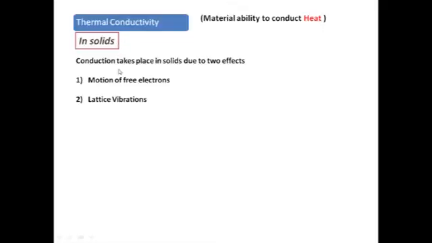In case of solids, the conduction takes place due to two effects. One is the motion of free electrons, and the other one is due to lattice vibrations. The motion of free electrons is highly dominant when compared to the lattice vibrations in conducting heat through solids.